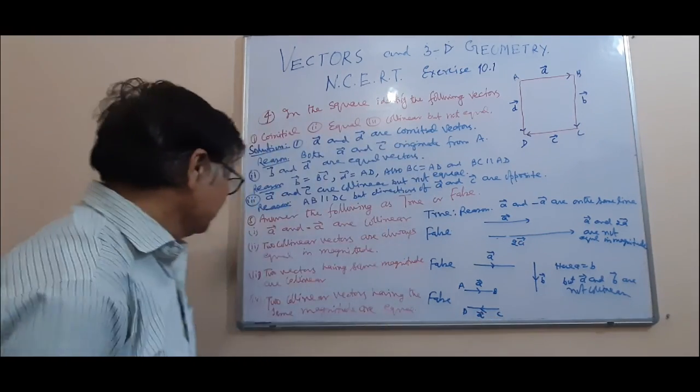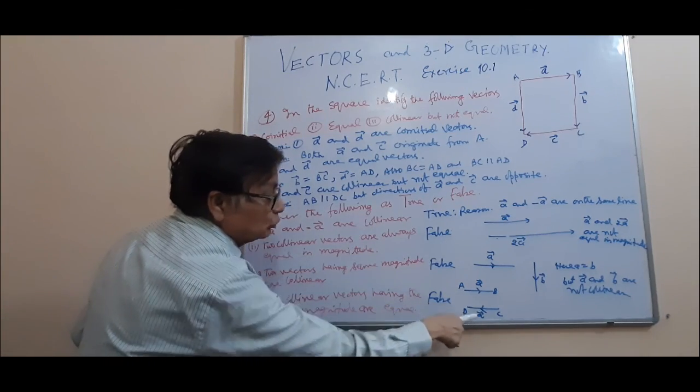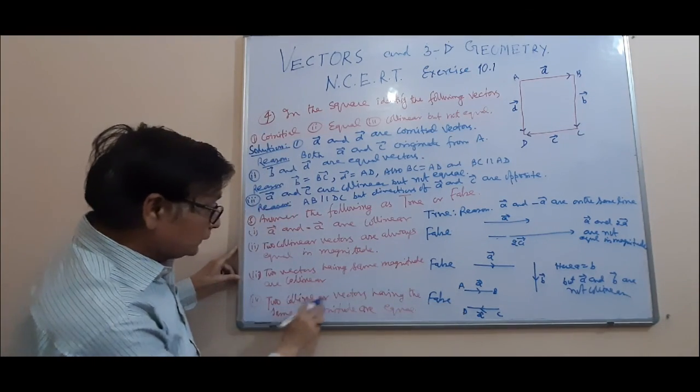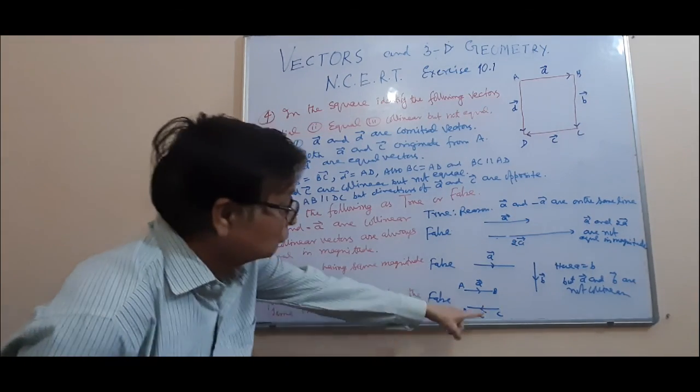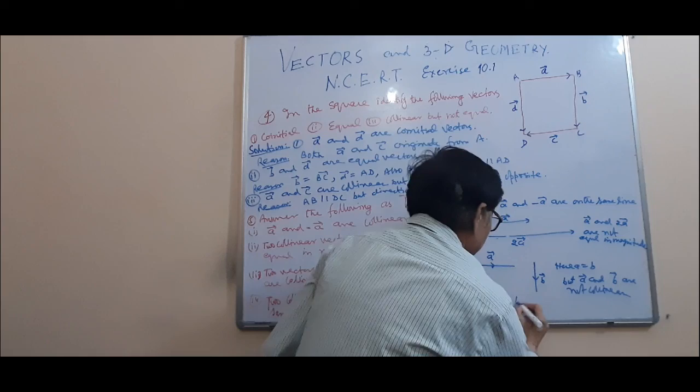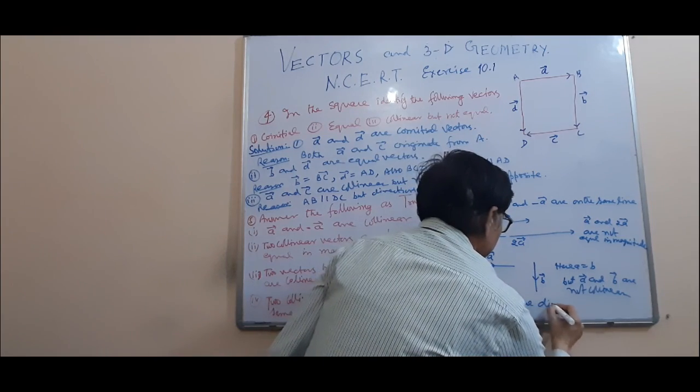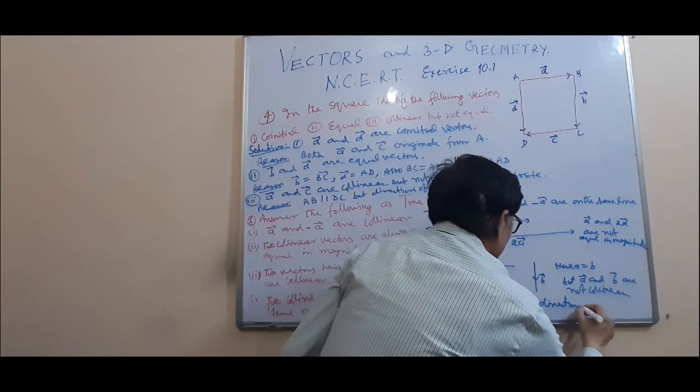So these two vectors having the same magnitude are collinear, but they are not equal because here directions are opposite.